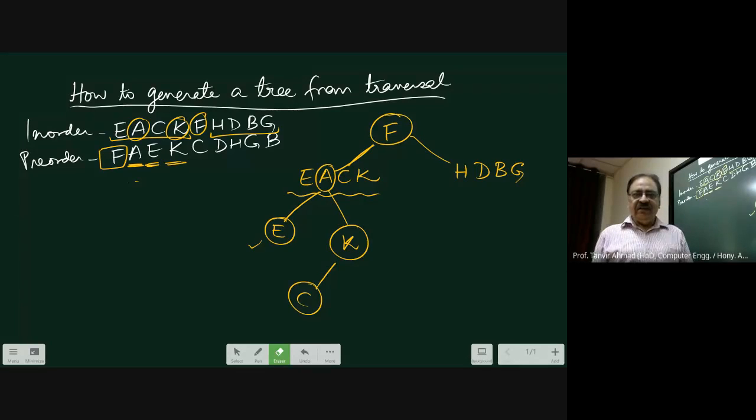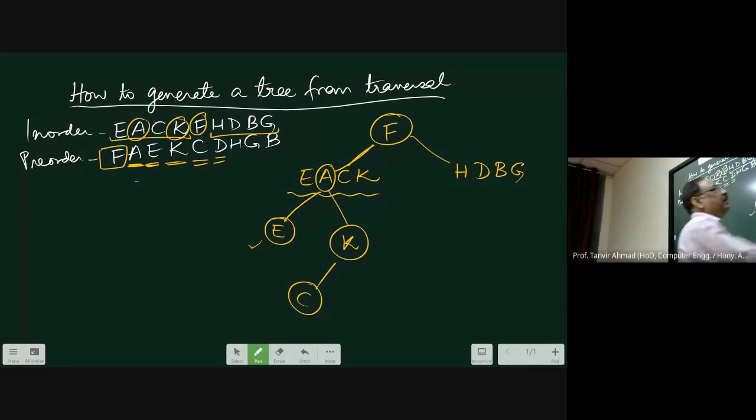Correct? Now you come to the right of F. You find that C is already covered. Now you find it's D. It means that out of this you will get D as the root.